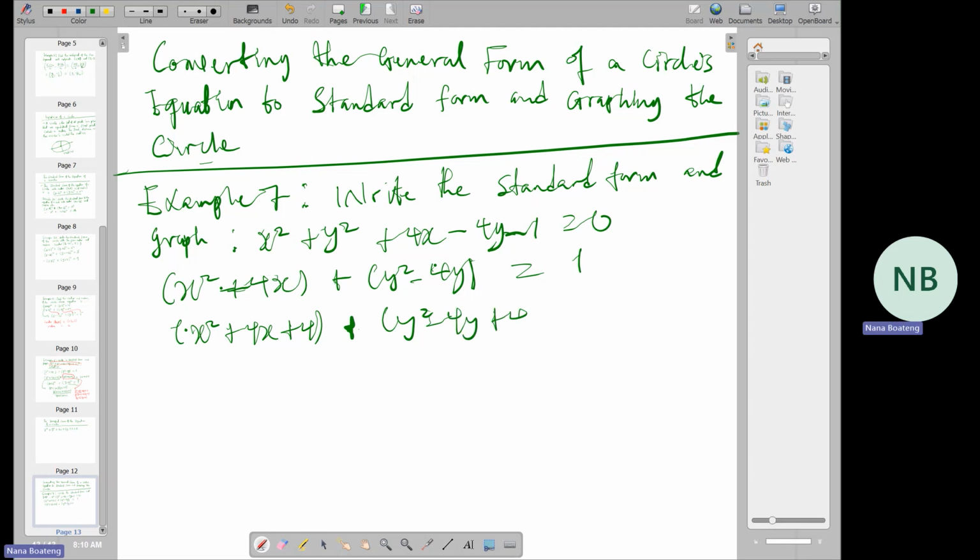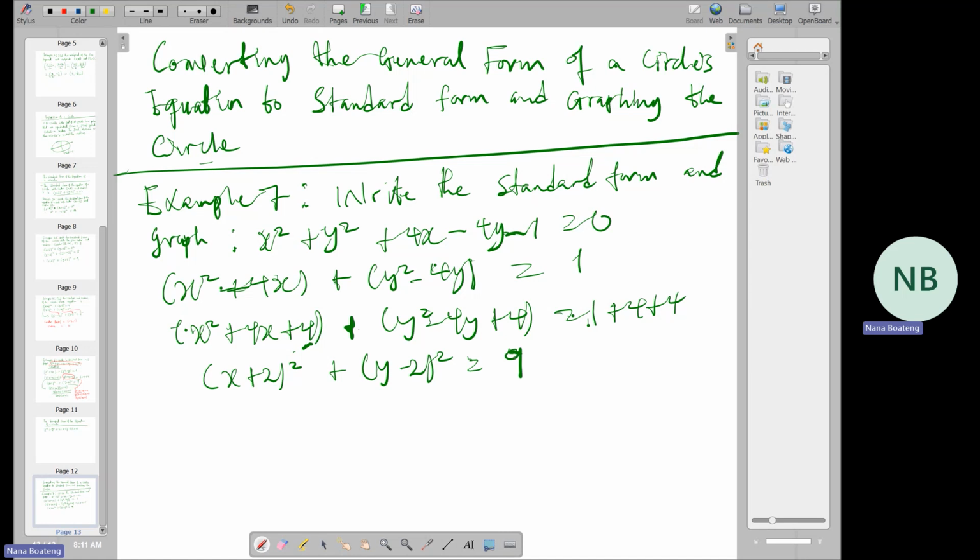So we added 4 here and 4 here, so we add those 4s to the right side too. And so when we factorize, this becomes x plus 2 squared plus y minus 2 squared is equal to 9.